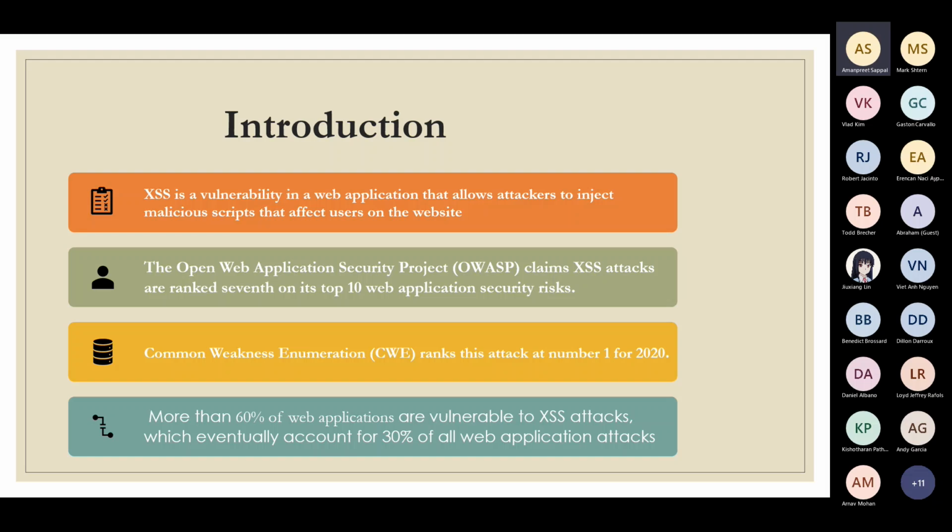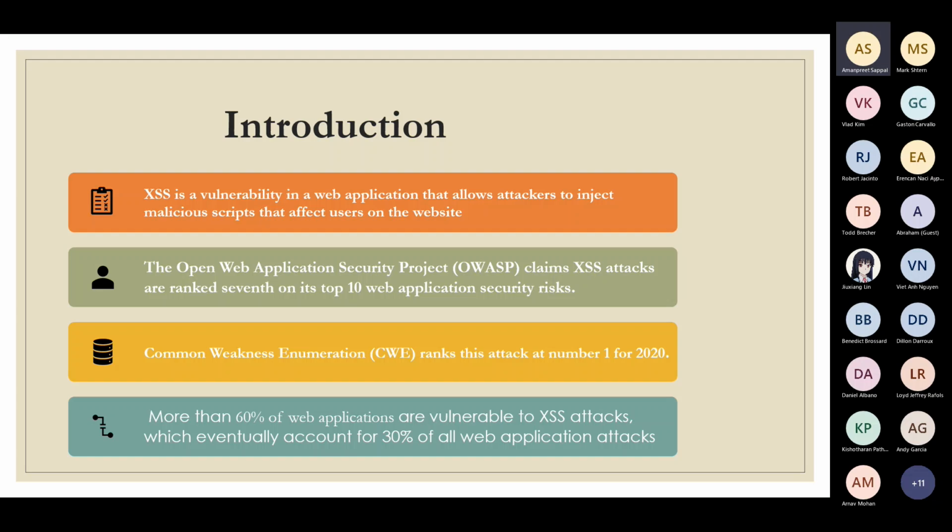Here's a quick introduction. Cross-site scripting is a vulnerability in a web application that allows an attacker to inject malicious scripts that affect other users on the website. Numerous websites have been attacked through this vulnerability, which has damaged their reputation and value.